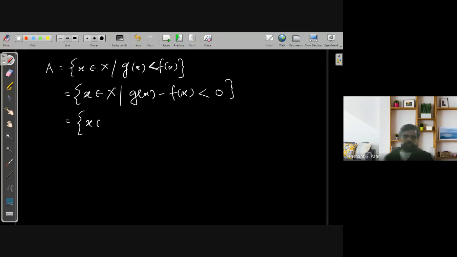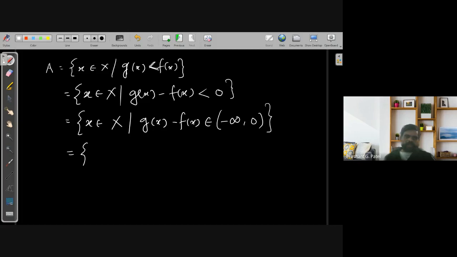This means g(x) minus f(x) belongs to the open interval minus infinity to 0.